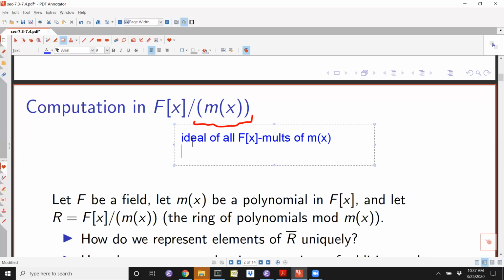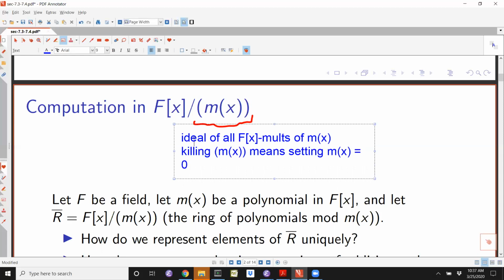The idea is that killing the ideal M of X is really equivalent to setting M of X equal to 0.